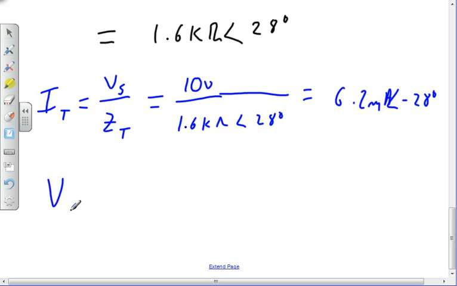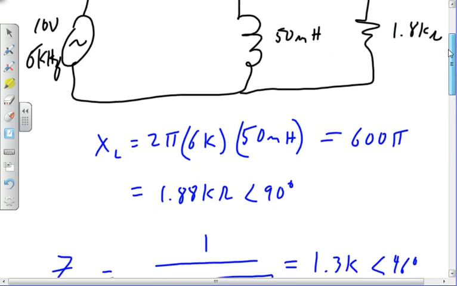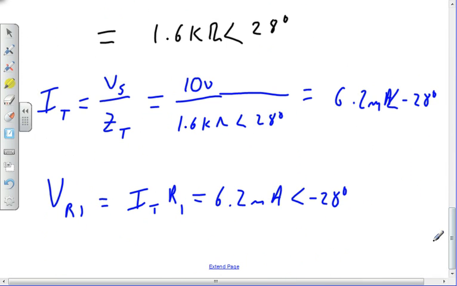My voltage through resistor 1 is going to be the total current times resistor 1: 6.2 milliamps angle minus 28 degrees times 330 ohms.